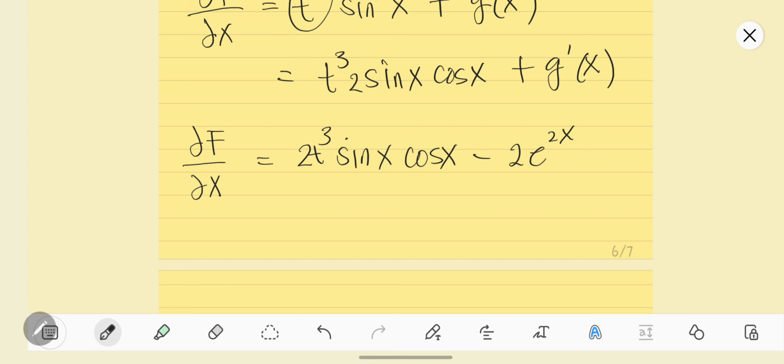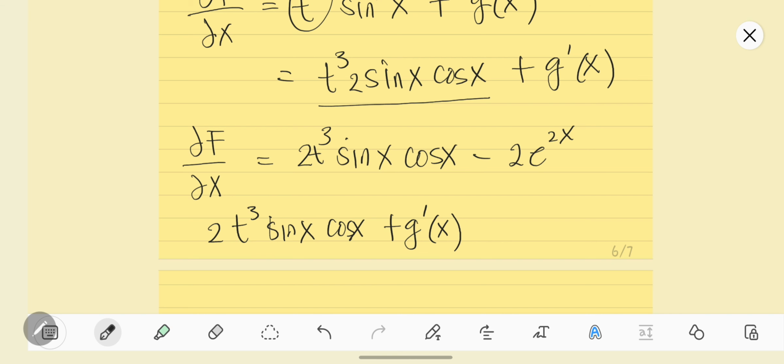So that's 2t cubed sine x cosine x plus the g prime of x is equal to the 2t cubed sine x cosine x minus the 2e to the 2x.